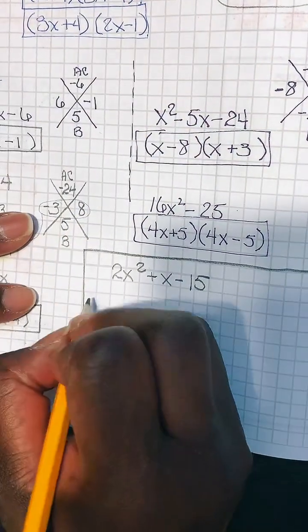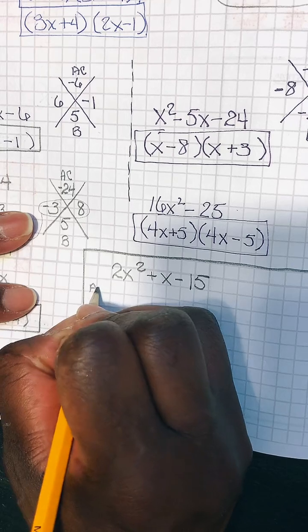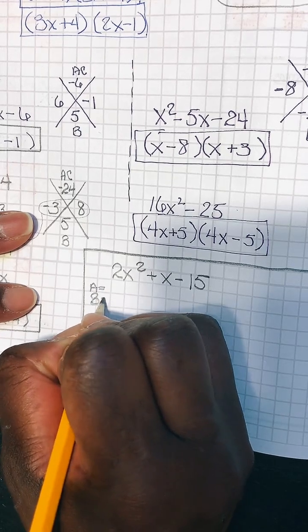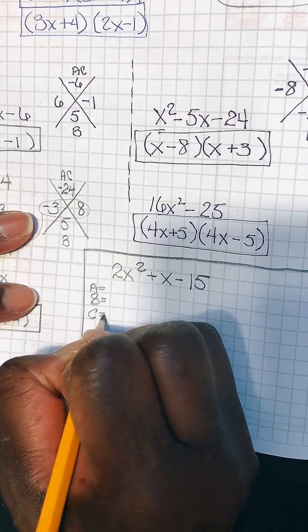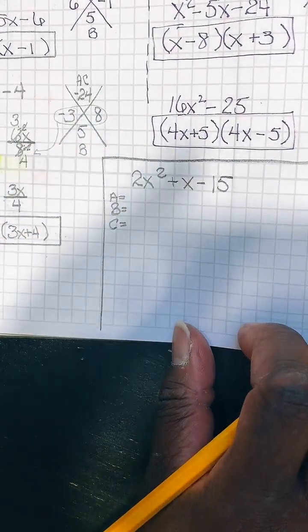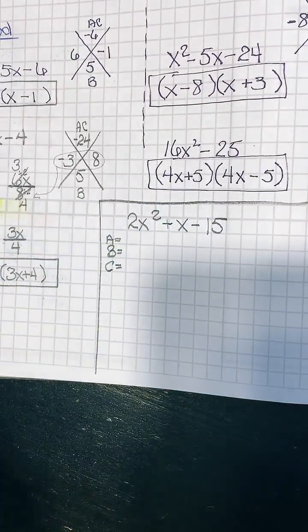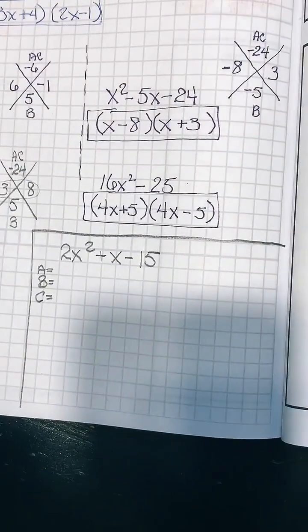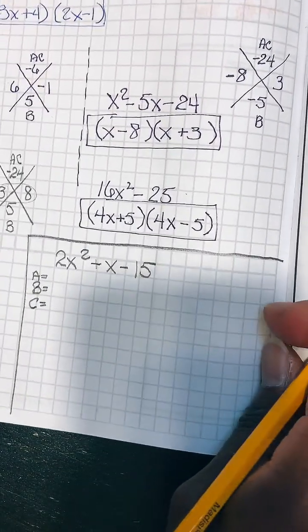All right, list out my A, my B, and my C. I think you guys can see it.